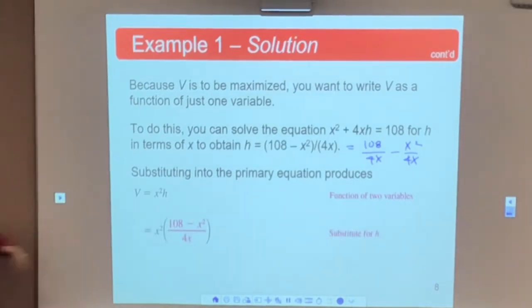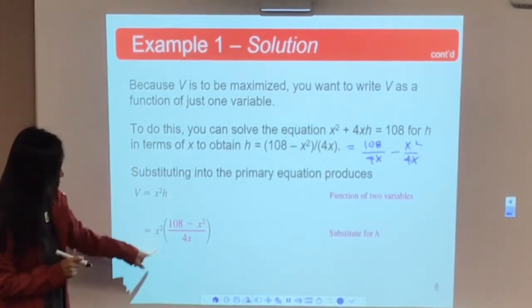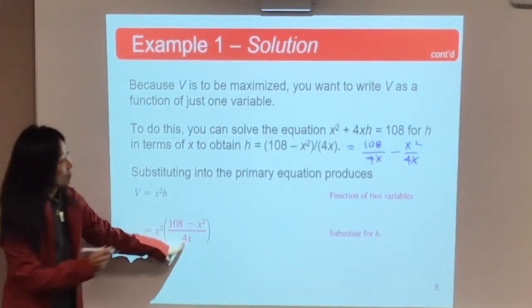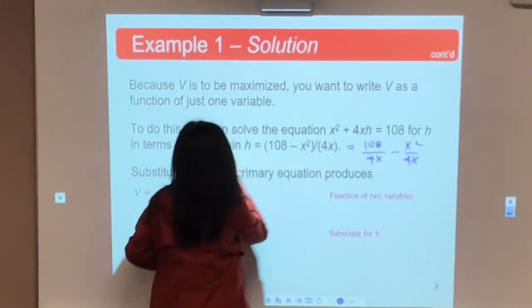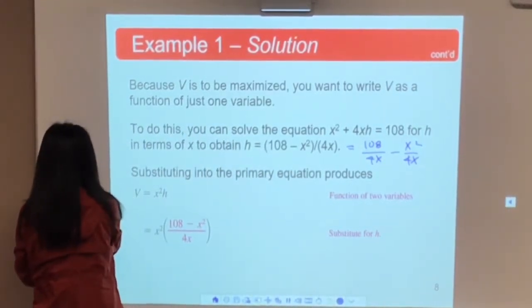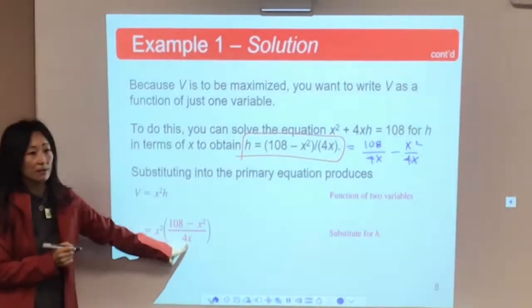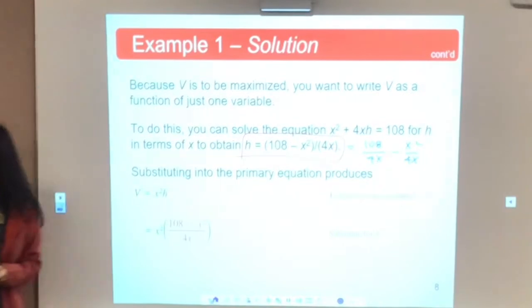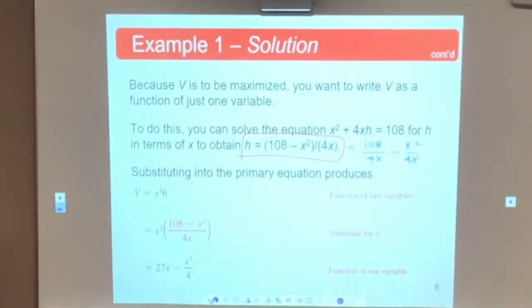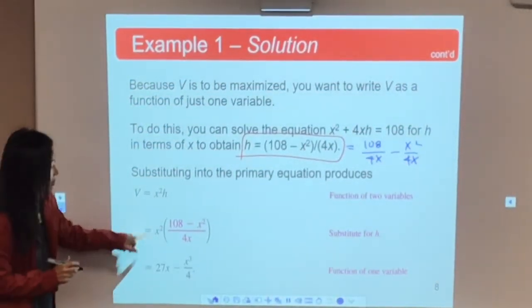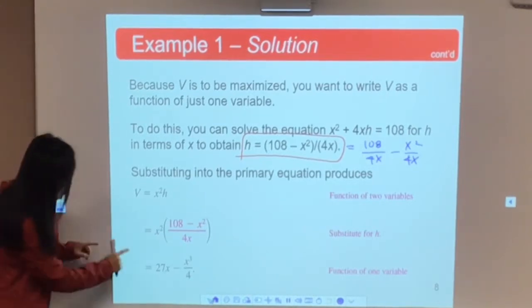Now what do we do? We're going to replace h with what? This. Remember we figured out what h is. So I plug in right here. Is everybody with me? All right.